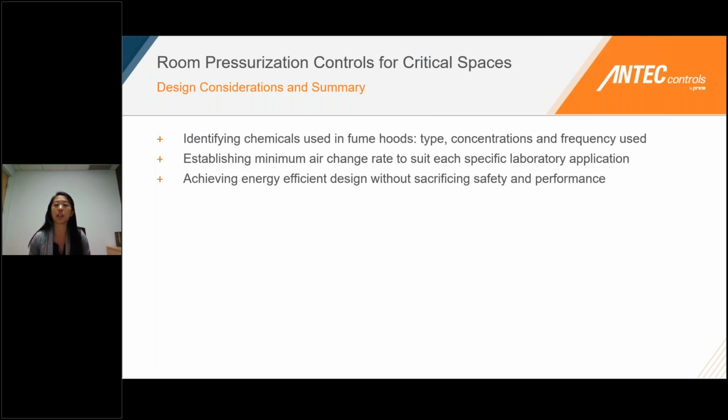Establishing a minimum air change rate to suit each specific lab application, because this isn't defined in the standards as a hard number or as a minimum, can be more of an iterative process or a guess and check type process. And then achieving energy efficient design without sacrificing safety and performance can also be a challenge because the owner's primary goal is of course to save money, but the aspects of safety may not be abundantly clear when we're initially designing systems.